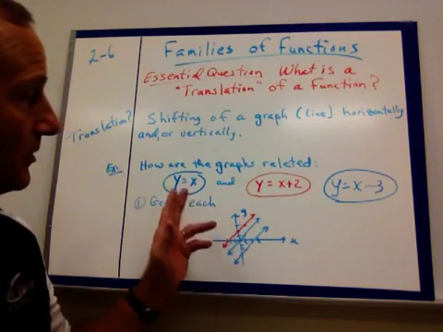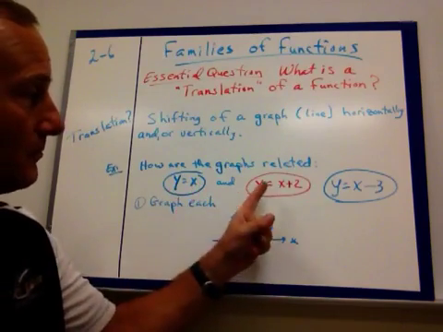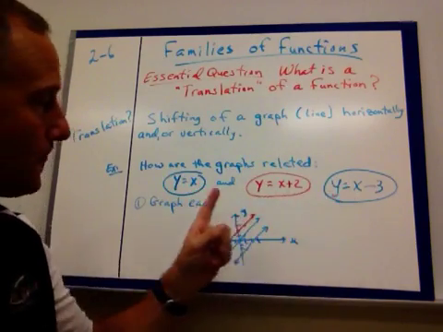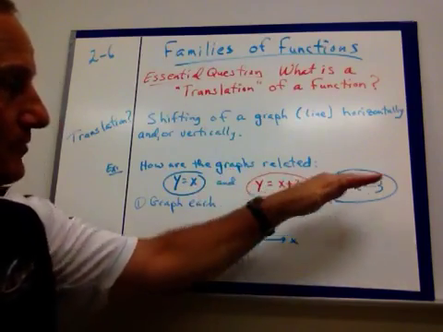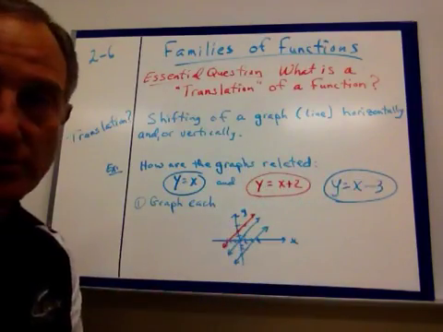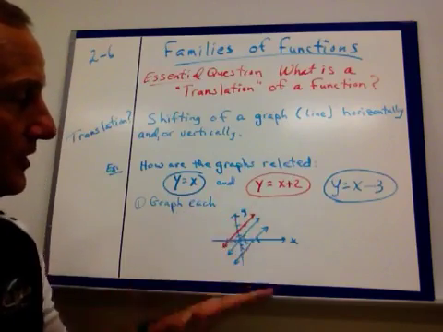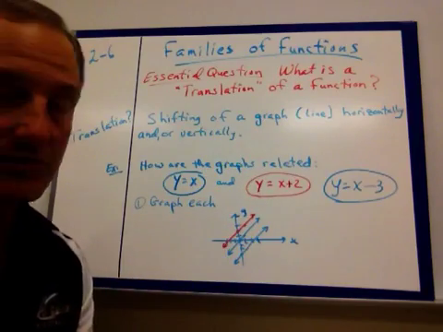As far as the linear goes, you'll notice the slopes are the same. Our parent function is y equals x, and if you add, you're going to move up. If you subtract, you're going to move down from the origin, all having the same slope, and that's a vertical translation.